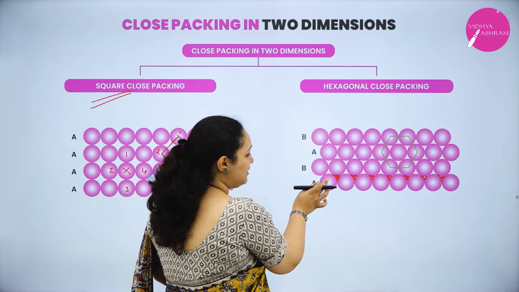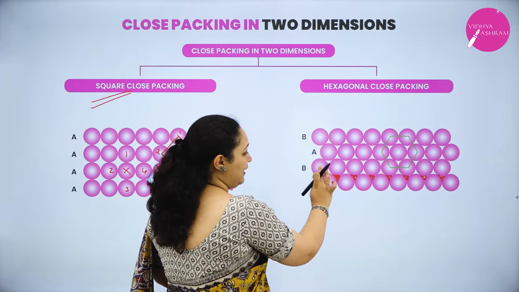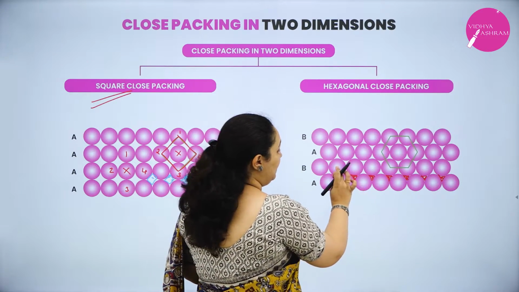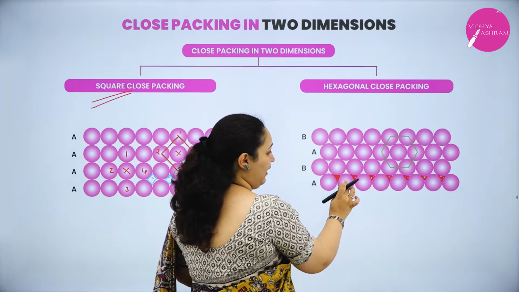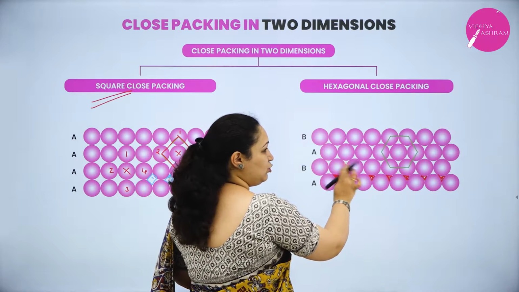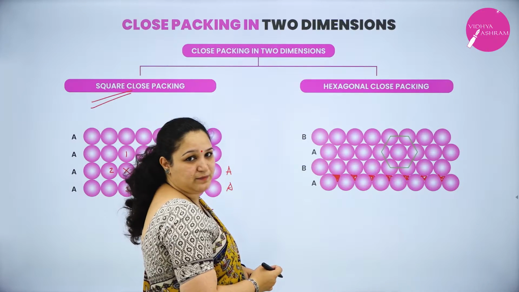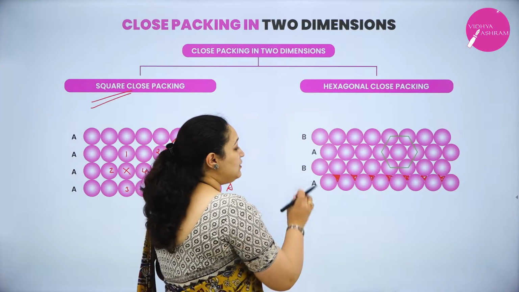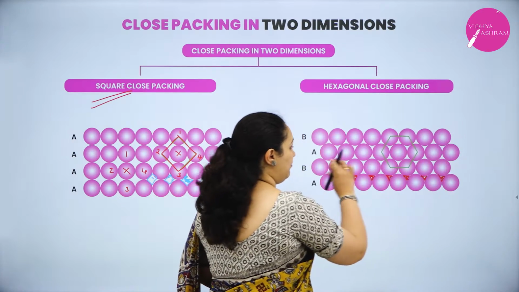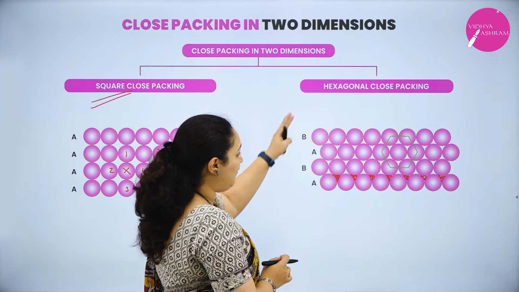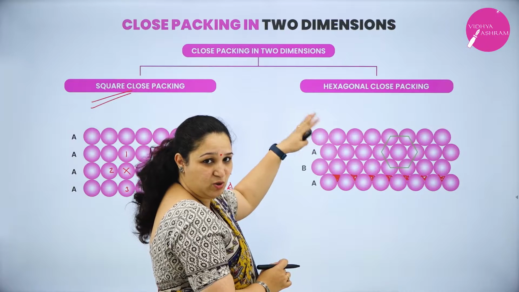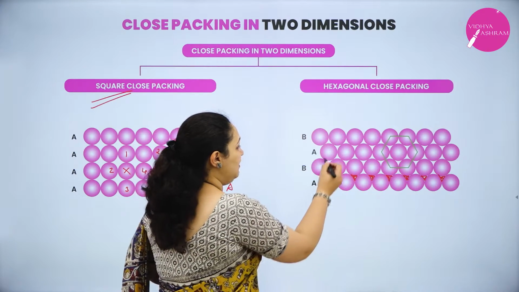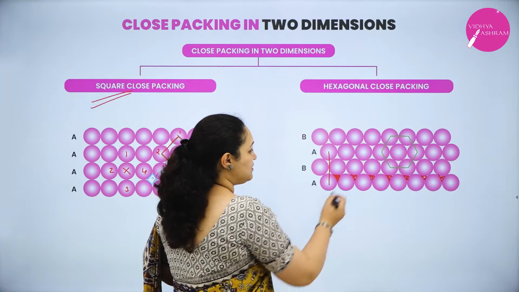I cannot see the particle just above it. One particle of row A is in between the two particles of row B, or vice versa. Anyhow I can tell that. That's the reason we call this row B. Whereas the third row, when it is kept, you can see that it is identical to A. See, this particle is just above this, correct?